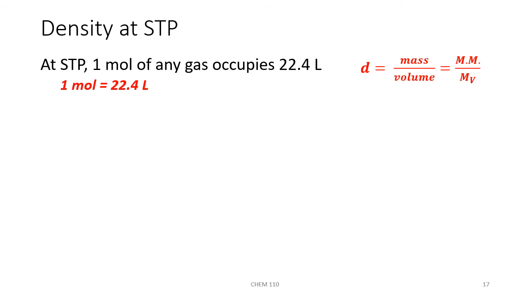Calculating the density of a gas that is at standard temperature and pressure is very straightforward. We know that 1 mole of gas at standard temperature and pressure will always occupy 22.4 liters. And density is mass per unit volume, but at STP, we can calculate it by taking the molar mass divided by the molar volume.